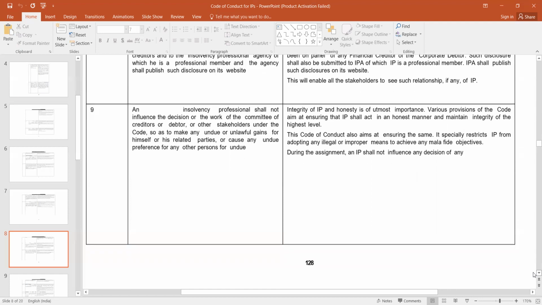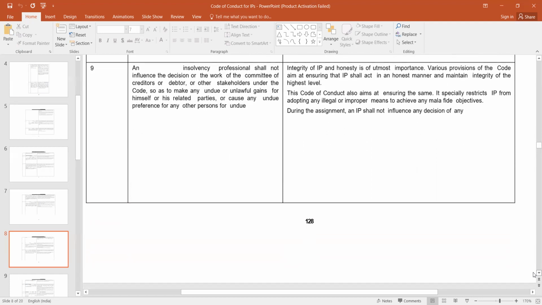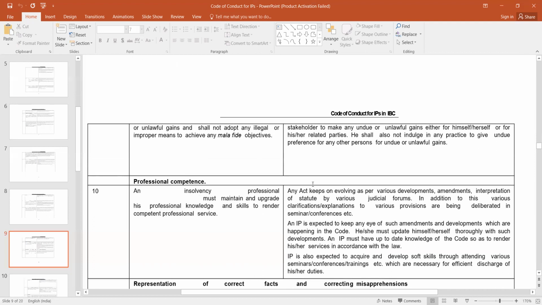So during the assignment, an IP shall not influence any decision of the stakeholders to make any undue or unlawful gains, either for himself or for his or her related parties. He shall also not engage in any practice to give any undue preference for any other person for undue or unlawful gains. So that is the point. And you should not adopt any illegal or improper means to achieve any malafide objective. So these were some of the conditions of independence and impartiality.